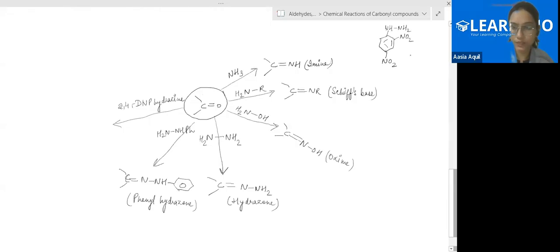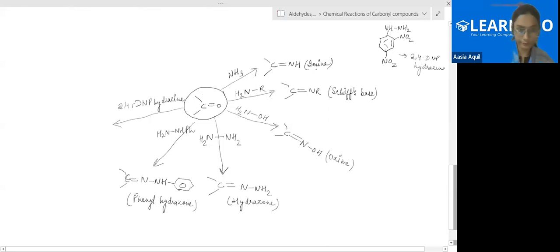So this is 2,4-DNP hydrazine. Got it? So again, remove the water from it and you will get this type of product: C=NH, phenyl group here, NO2 here, NO2 here. Okay, so this will be your product.